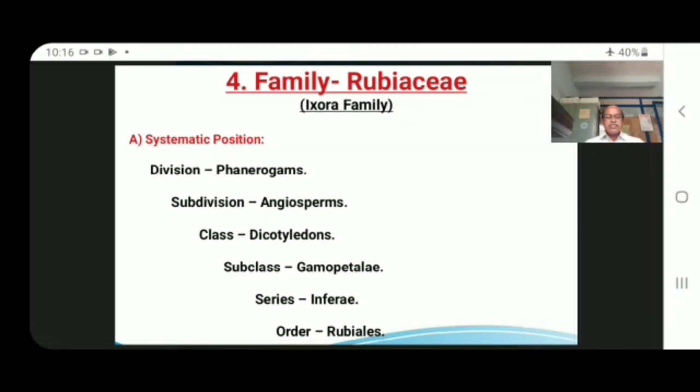Then the next example of this family is Coffea arabica. In Marathi it is also called coffee. It also shows some economic importance, such as seeds used in preparation of coffee powder. Coffee contains the alkaloid caffeine.